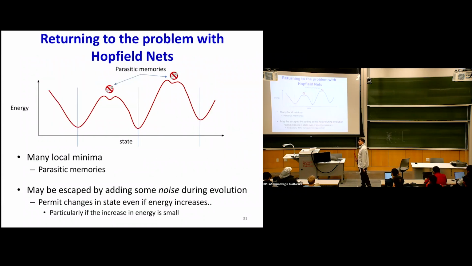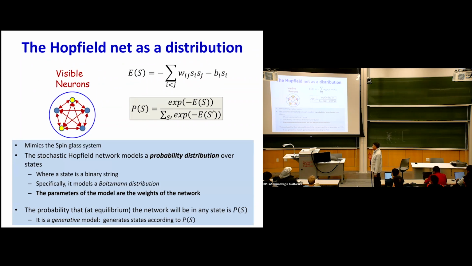We saw we can implement the same idea in Hopfield networks. To do that, we recast the Hopfield network as a stochastic system. We said it's not going to deterministically go to the local minimum in energy. I'm going to redefine the system and say that the probability that the system will be in any state is proportional to e raised to minus its energy.